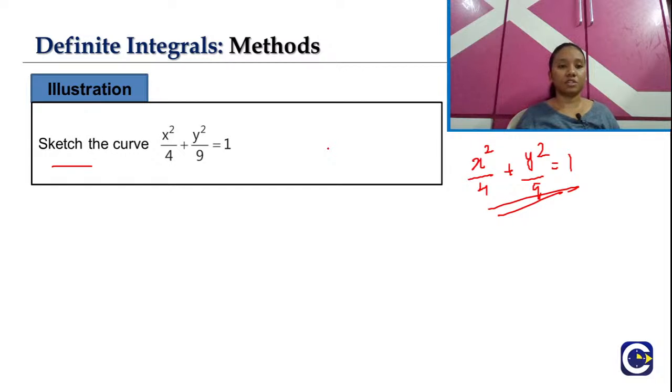So using the first step, you can plot the graph, and you can check whether the origin is lying on this curve or not. And you can check whether it's symmetric about the x-axis, the y-axis, or the origin, something like that. And you can tell me the intersection points also here.